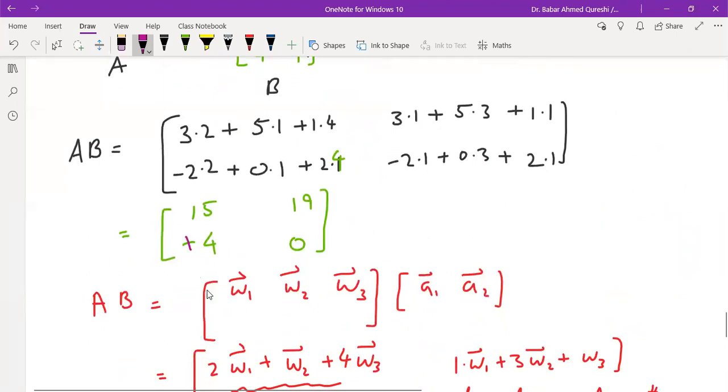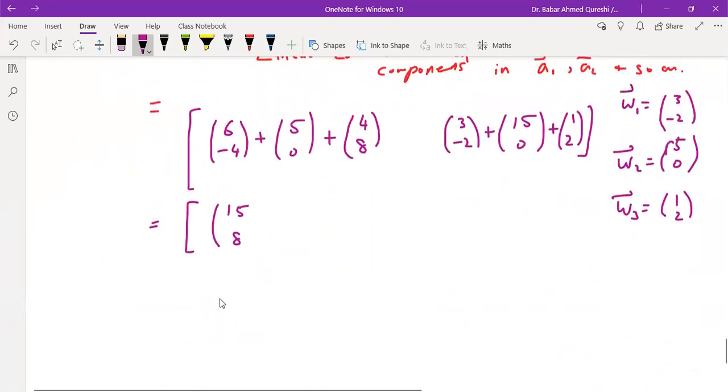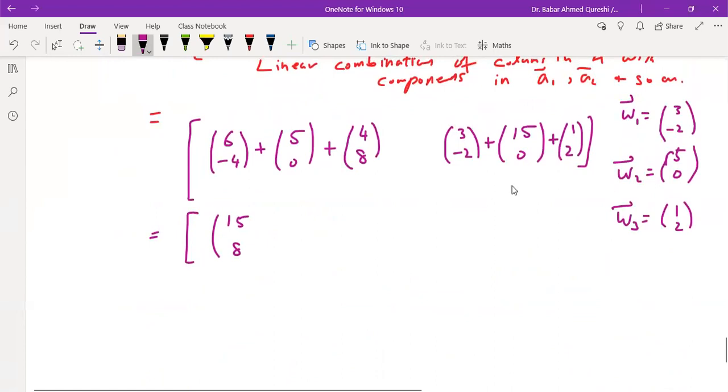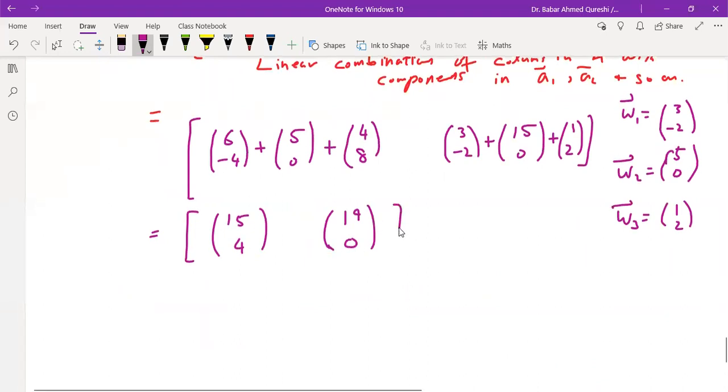This was plus 4. 15 and 8. And in the second column, you get 19. It's positive 15 and positive. Sorry. See, my problem is that I'm only used to dealing with symbols, not with numbers.